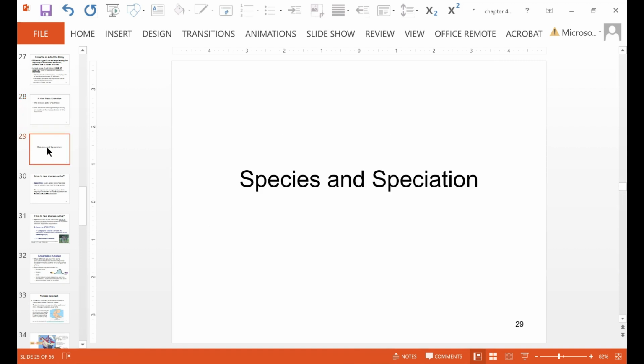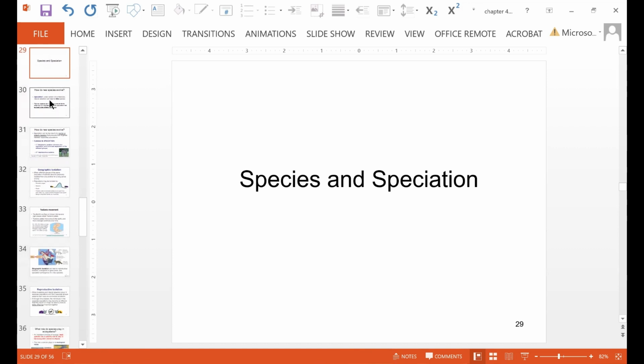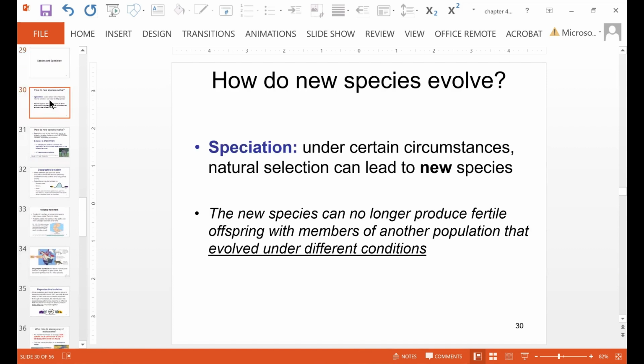Now let's talk about species and speciation. How do new species evolve? Speciation: under certain circumstances, natural selection can lead to the development of new species.